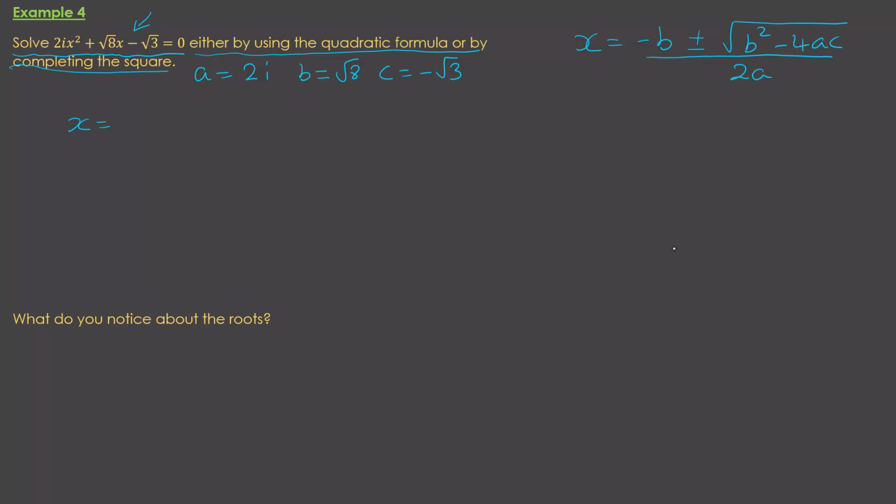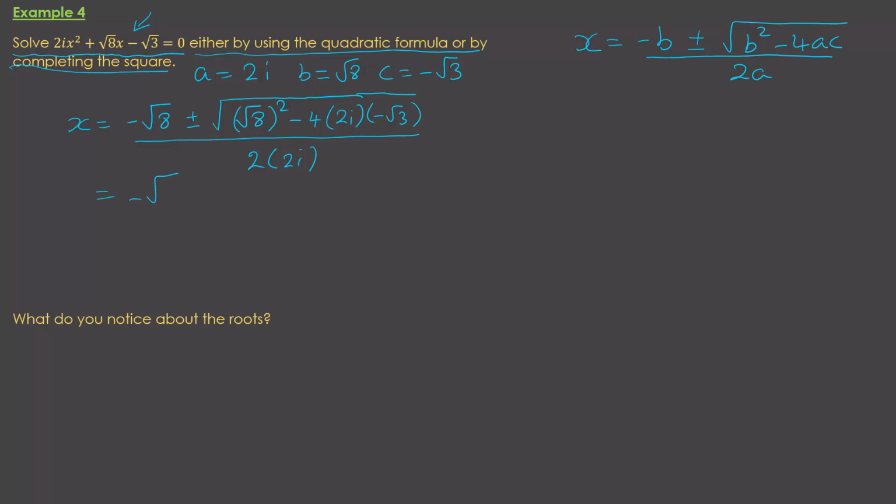So x is going to be negative root 8 plus or minus the square root of root 8 squared, take away 4 times 2i times negative root 3, all divided by twice 2i.